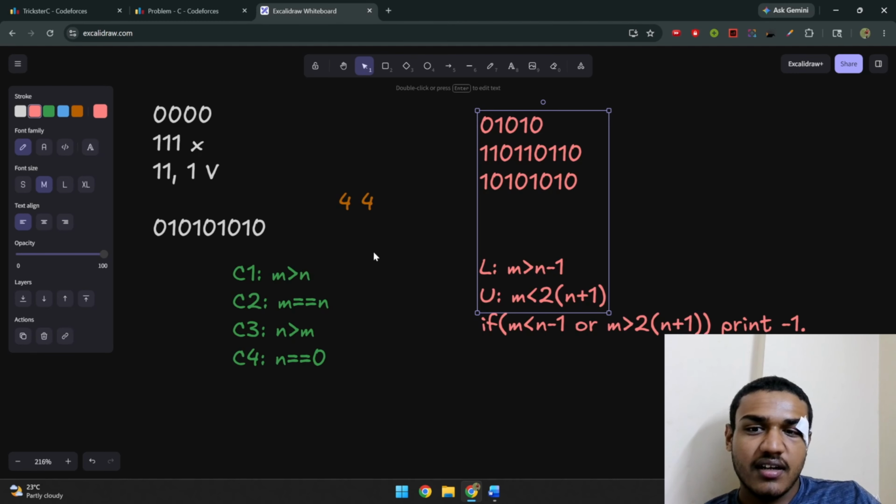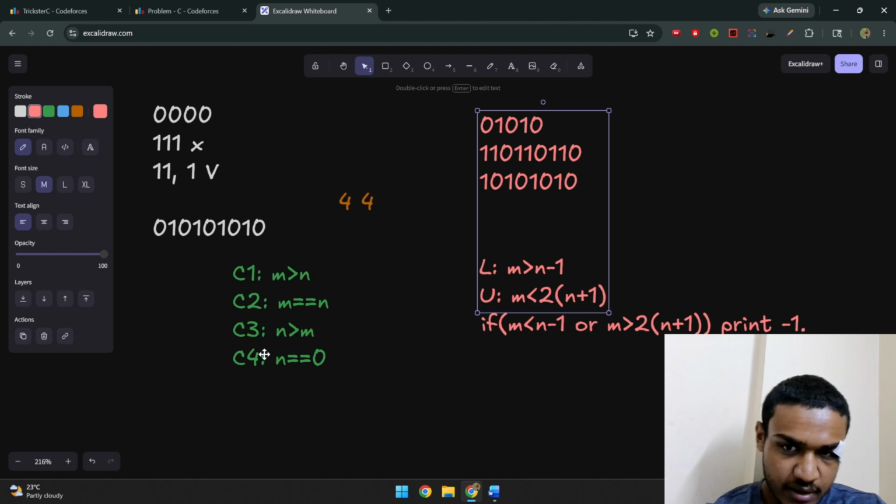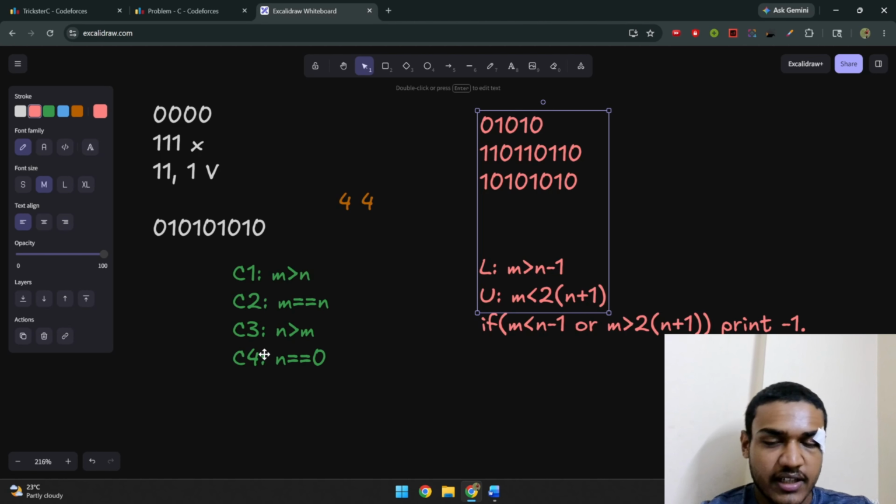But you can majorly solve any sort of m and n values using these two conditions, but you'll eventually get to a place where you'll either have extra zeros or extra ones, which is where we'll need these micro conditions, conditions 3 and 4, where we'll check for n greater than m or n is equal to 0.